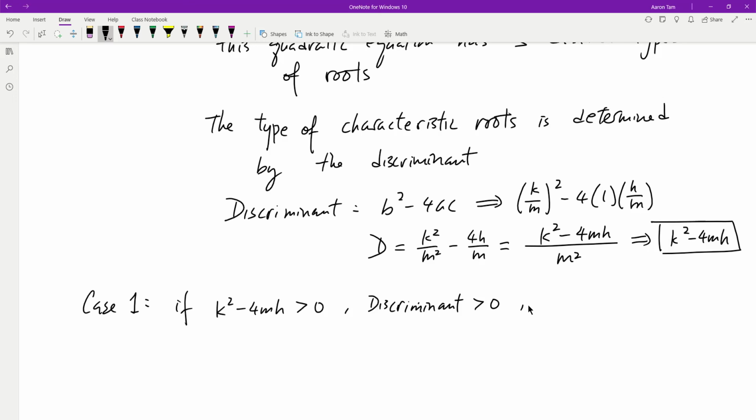And that would mean that our k is actually greater than 2 square root of mh. So that is how we identify what happened.